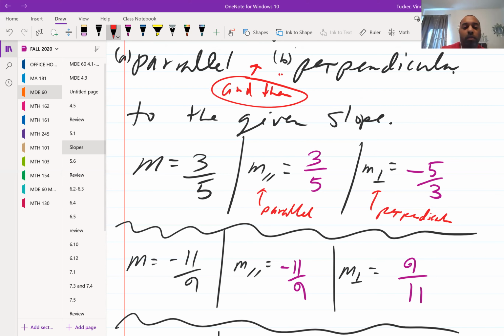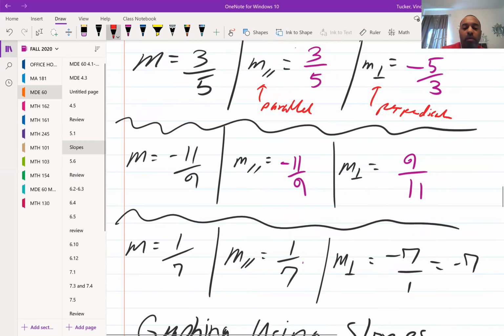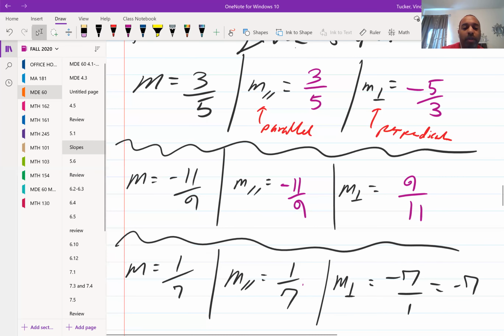All right. I just did one more. We have 1/7. Parallel would be the same thing, 1/7. And then flip it, -7/1, which is -7. So I just did one more just to reemphasize the concept.